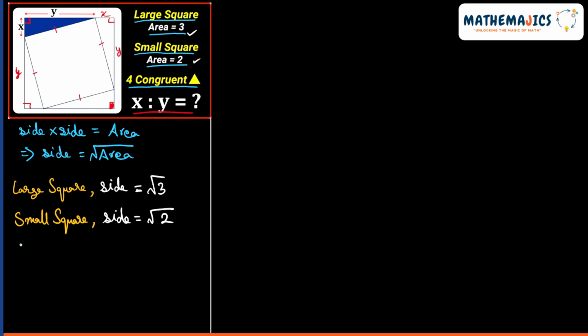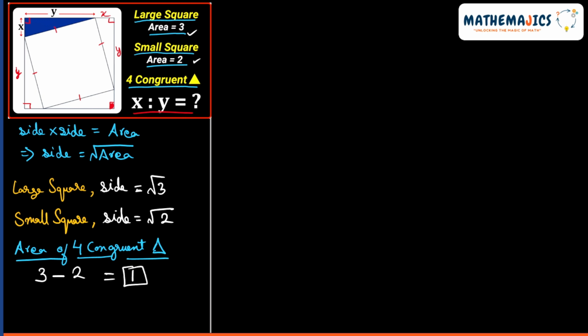After this, let's find out the area of 4 congruent triangles. What will be the area of 4 congruent triangles? This will be the area of the larger square, that is 3, minus the area of the small square, that is 2. So what is the area of 4 congruent triangles? This is 1.